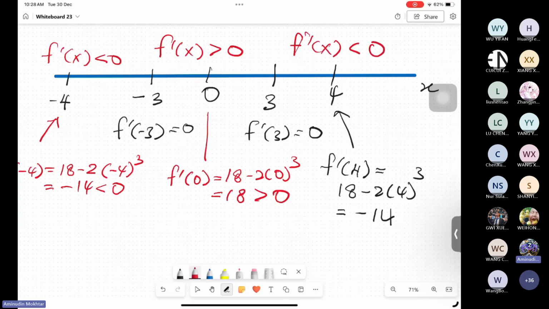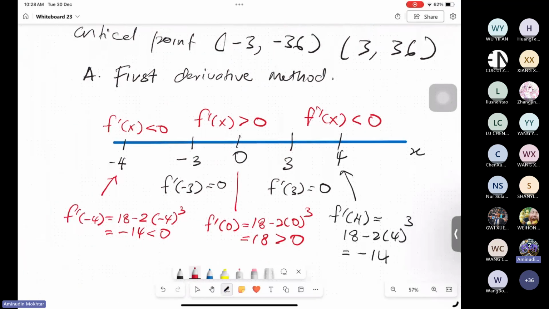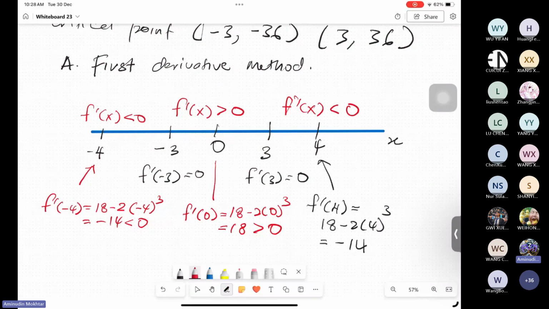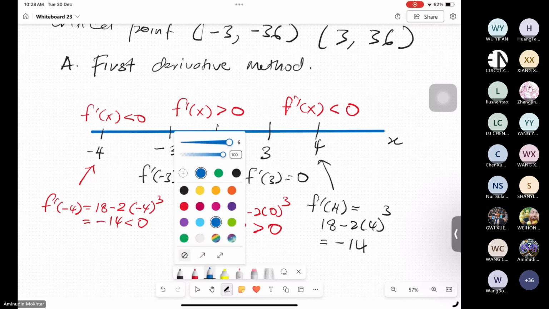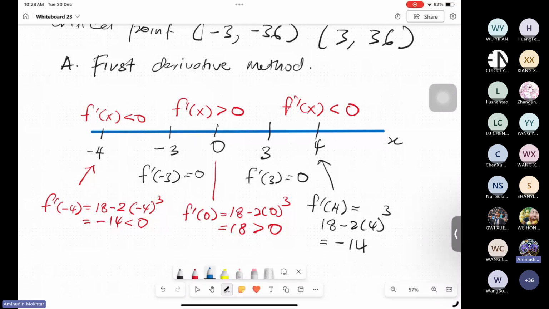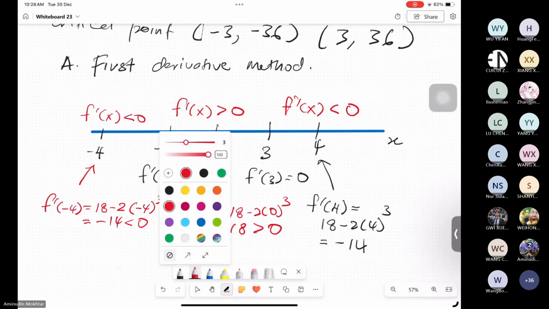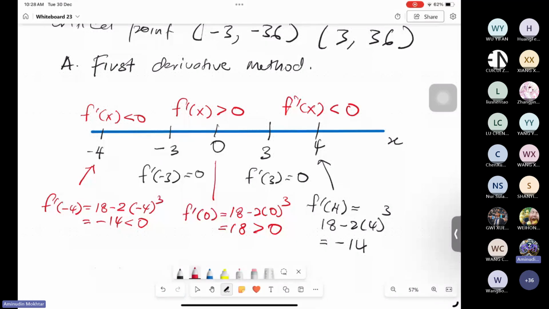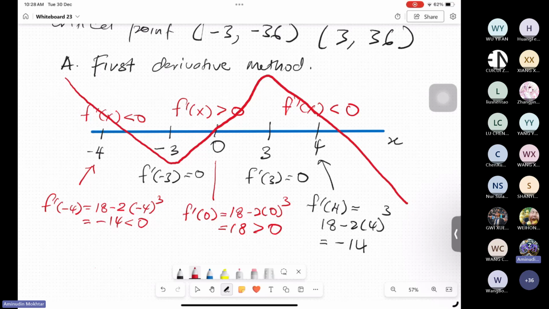So based on this finding, we can conclude that this function is decreasing before -3, increasing after -3, and decreasing again after +3.